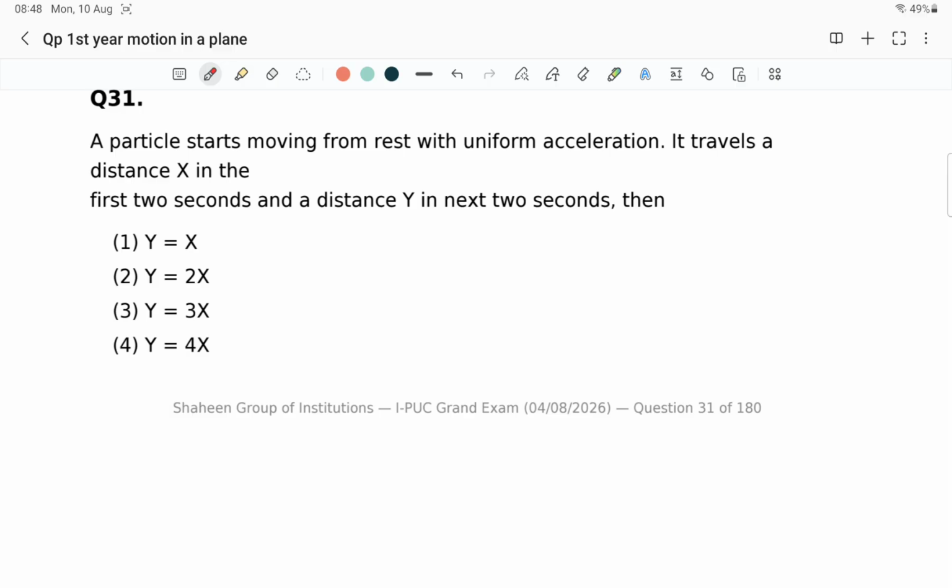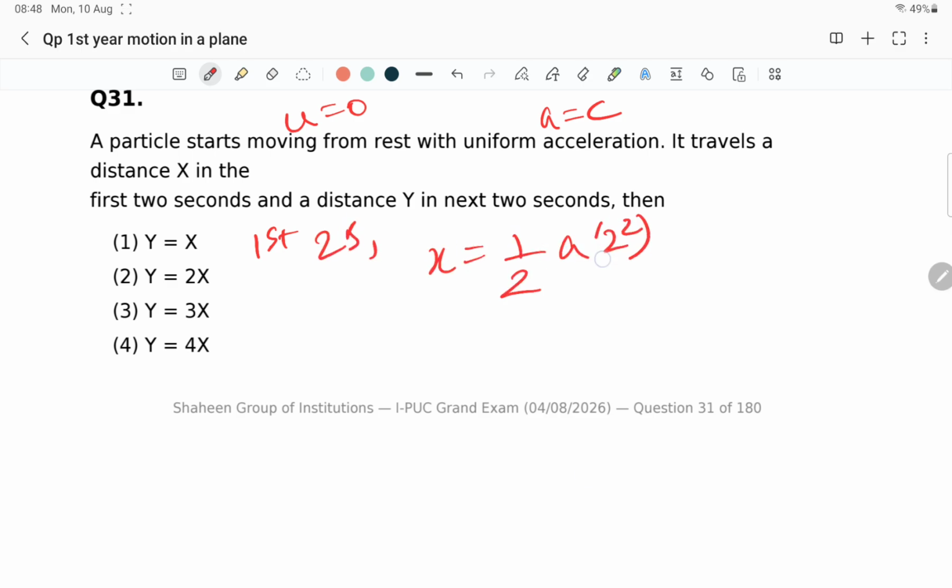A particle starts moving from rest with uniform acceleration. It travels a distance x in the first 2 seconds and a distance y in the next 2 seconds. So for the first 2 seconds, x is equal to half a t square, which is half a into 2 square, so you get 2a.